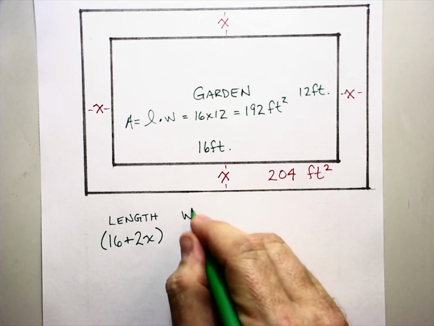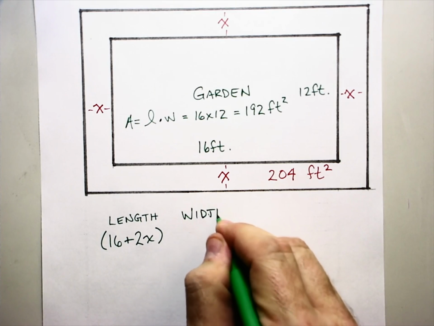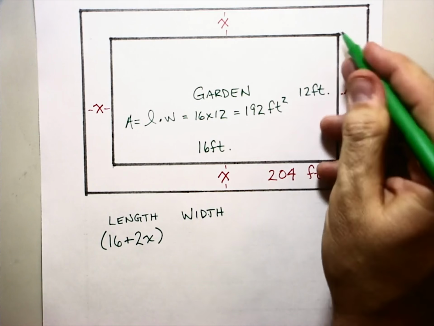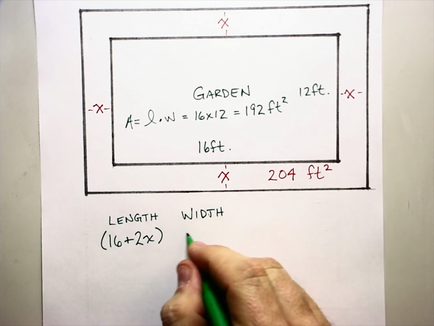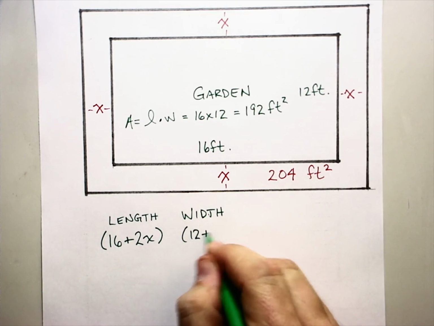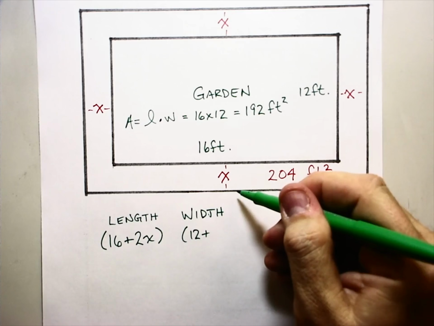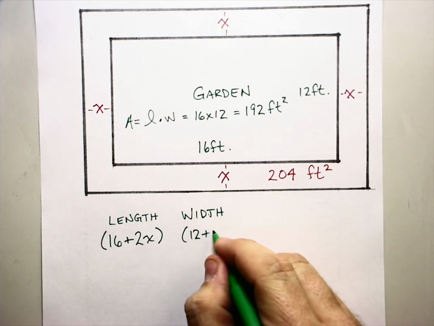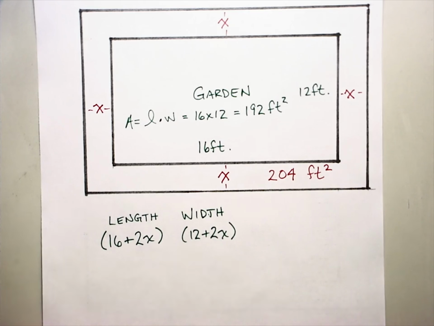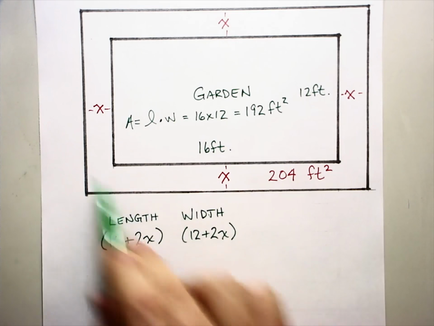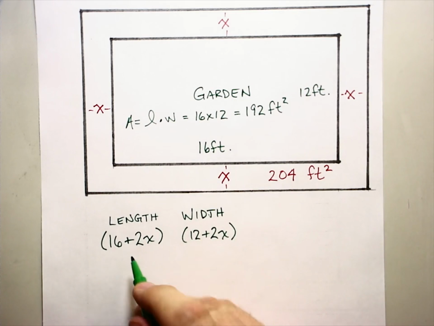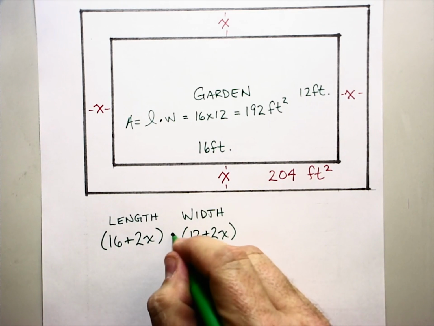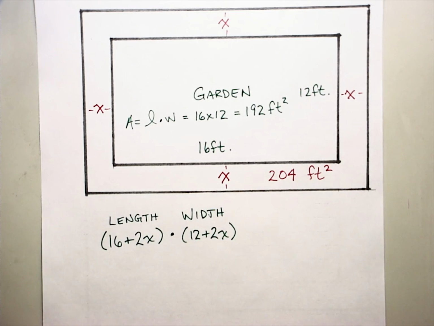We also know by the same logic that the width is going to be 12 feet for the garden, plus x feet for the walkway on one side and x feet for the walkway on the other side, for a total of 2x. So the length times the width of our entire garden plus walkway is going to be 16 plus 2x times 12 plus 2x.